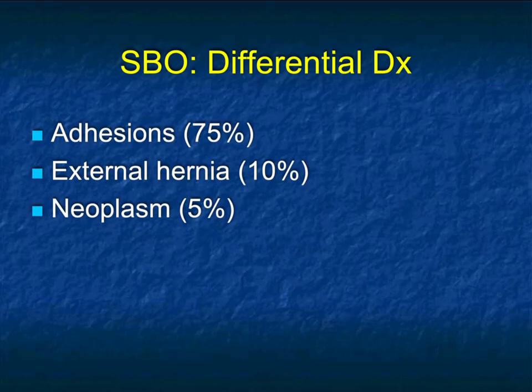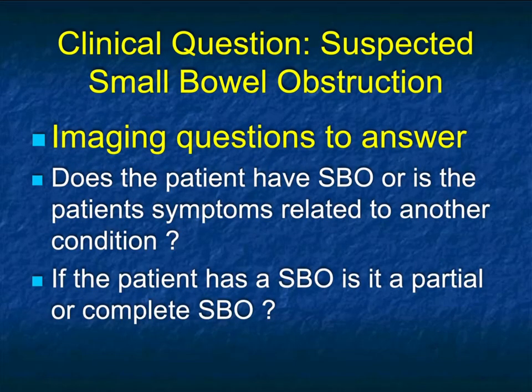So you can say, okay, I don't see a mass, I don't see an internal hernia, but I see the transition point. And then as you look hard with multiplanar, perhaps you can suggest the possibility of adhesion, but sometimes you know it's probably an adhesion, and you can say that in the report, but you don't absolutely see it.